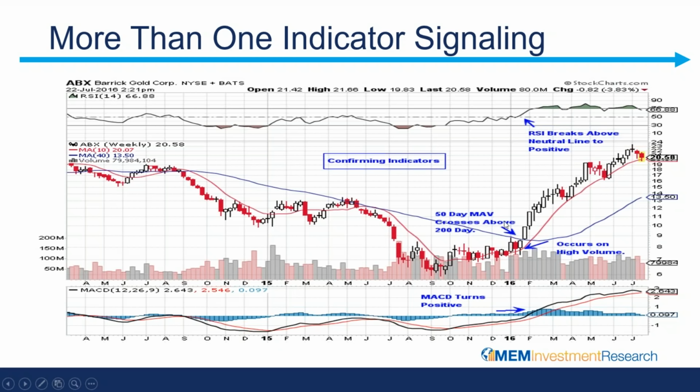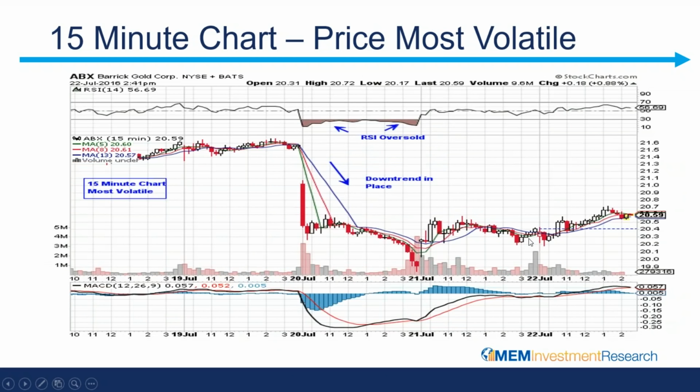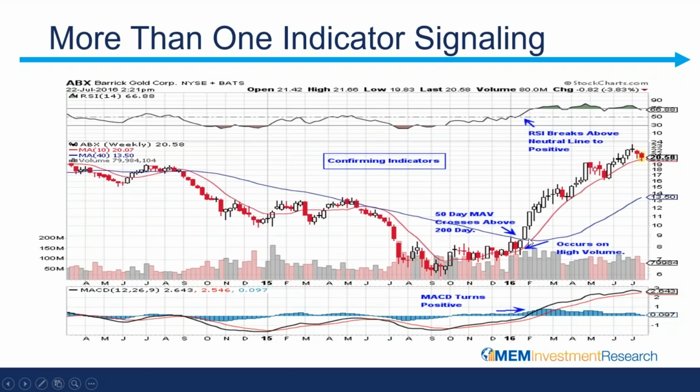And I wanted to point out the difference between this, let's go back, the difference between this as opposed to this. So here, ABX broke above that 50, kind of interesting, but not really. Your RSI is still super negative, MACD is below zero, and your longer term simple moving average is in a downtrend.